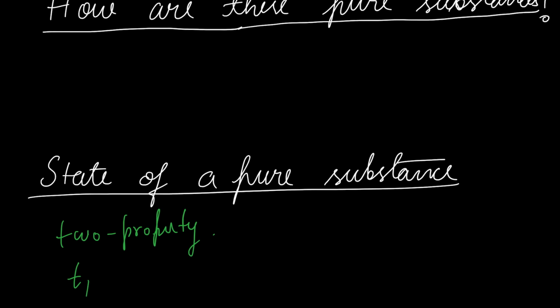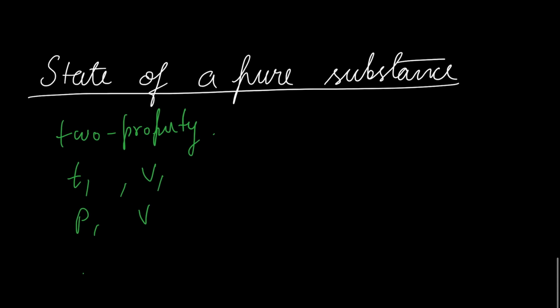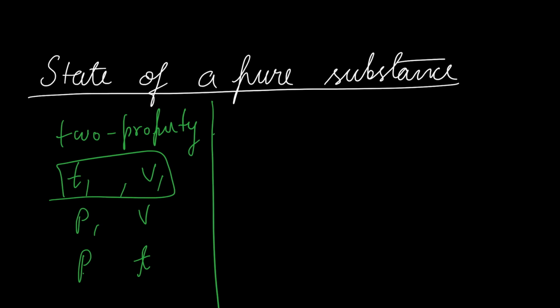It could be temperature and volume, or pressure and volume, or pressure and temperature. Now, if you have a pure substance and you know two thermodynamic properties, let's say I have air and I know, hey, this air is at temperature T1 and volume V1. I have thermodynamic relations which I can use to derive other values of that air. For example, I can know what's the relative humidity, I can know what's the pressure on that air, I can know other things.